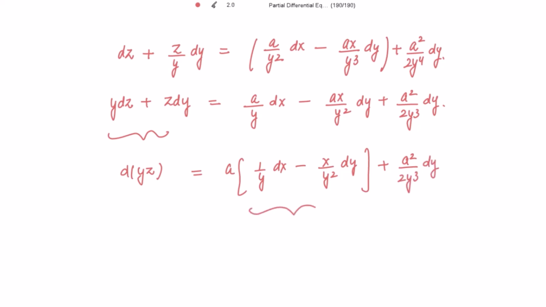How can I write this further? It can be written as a derivative of x divided by y. Please check this. When you open this derivative, you are getting back these two terms.